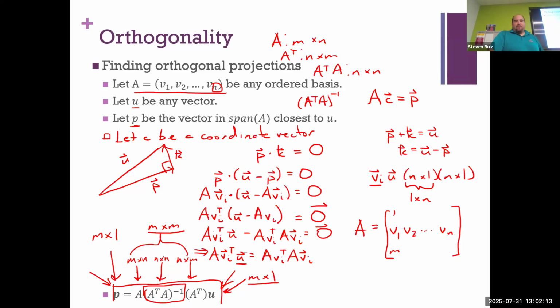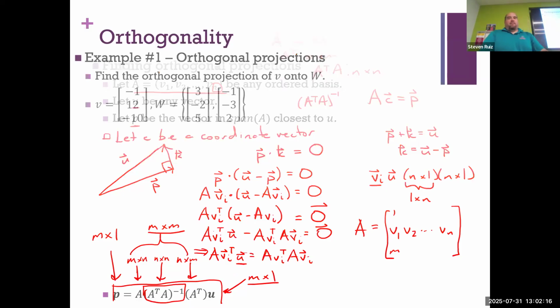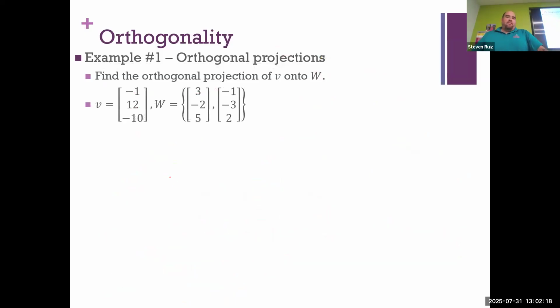Now we can use it. Here's my vector V. What is my closest vector in the span of W? Of the infinite number of vectors included in the span of W, which one comes the closest to V?